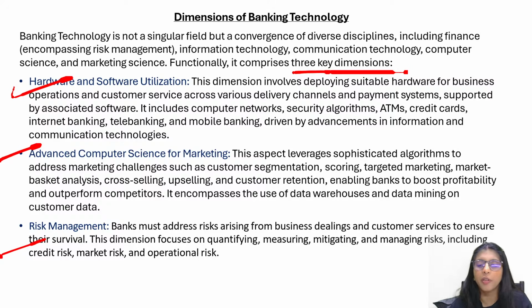The hardware and software dimension focuses on the physical systems, that is hardware, and the programs, that is software, used by banks to run their operations effectively. Hardware utilization means the tangible devices used in banking, like computers and servers, ATMs, POS, and network equipment.